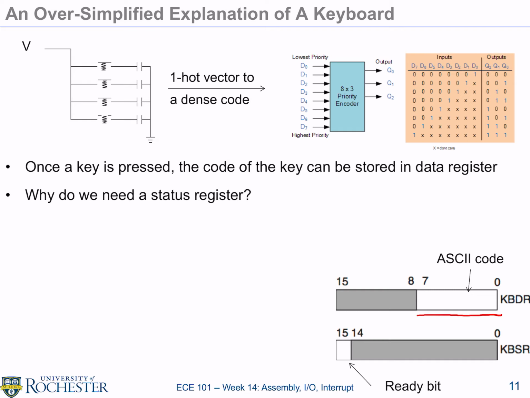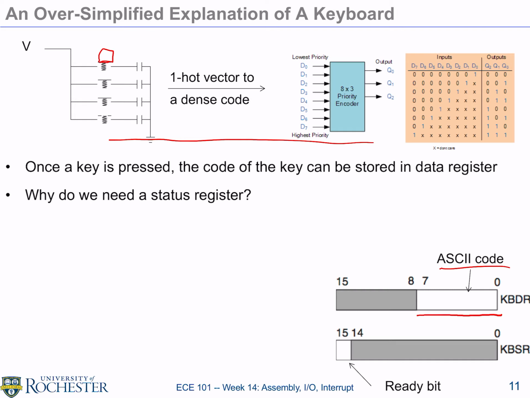Then each key that had a character printed on top of that piece of plastic that the human being can see is in fact tied by the design of this hardware to a particular, let's say, ASCII code. That gives you an oversimplified and incorrect kind of description of what a keyboard can do. And then we know what key you pressed.